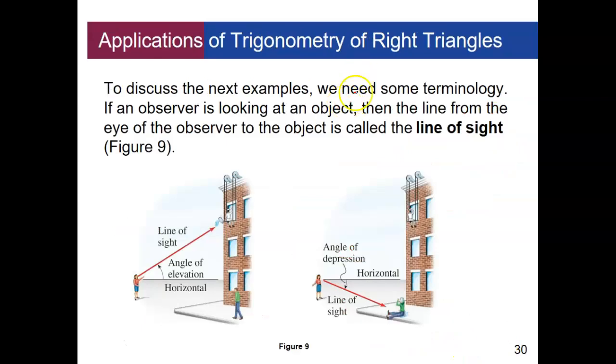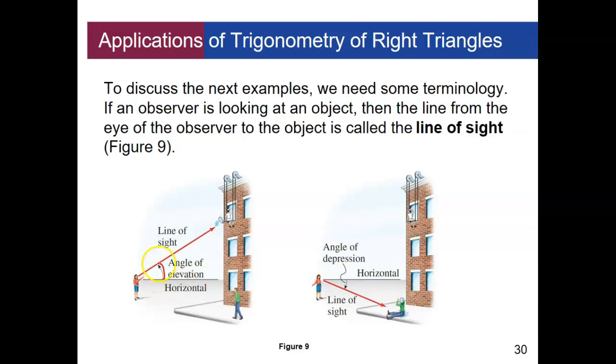Okay, so applying this to some word problems, a few definitions here. We have what's called the horizontal. The horizontal may or may not be on the ground. It's usually going to be your line of sight. If you have a person standing here and they look straight across, then that's your horizontal. If they look up, then that's going to be your angle of elevation.